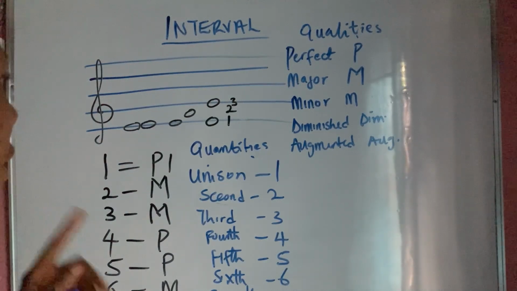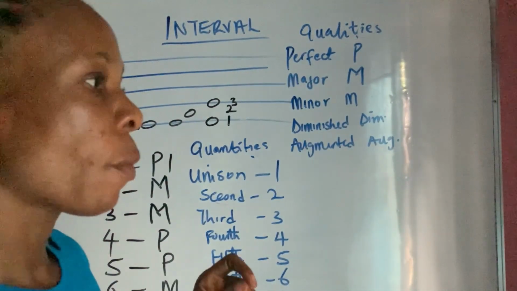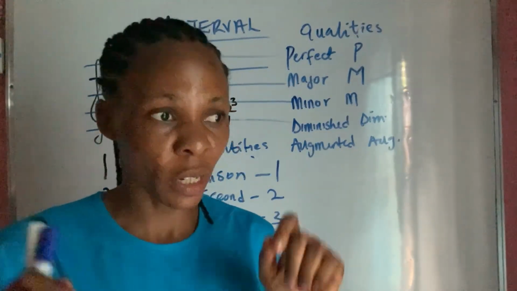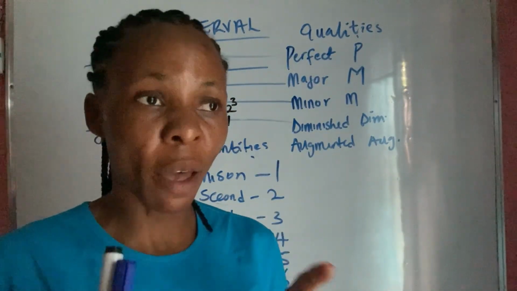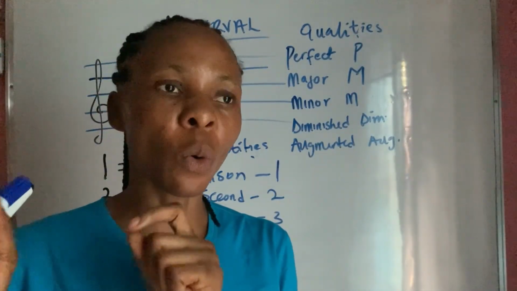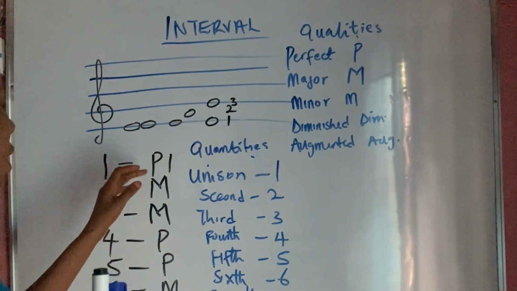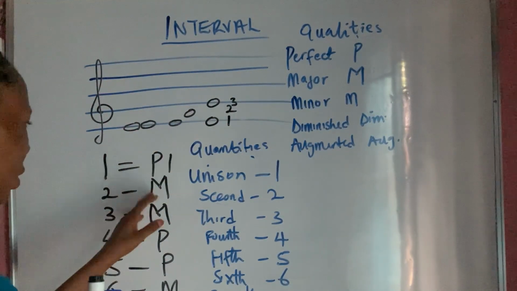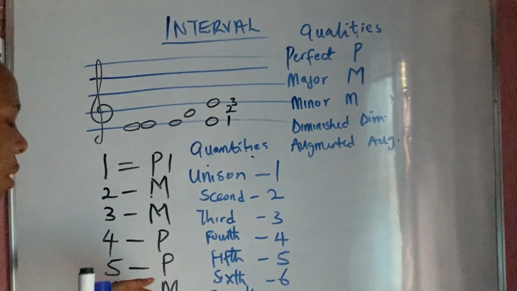Now, in combining both, for instance, in having a major first, we have a certain number of semitones that can give us a major second. The number of semitones is what matters toward finding if it's a perfect first, major second, major third, perfect fourth, perfect fifth, major sixth.